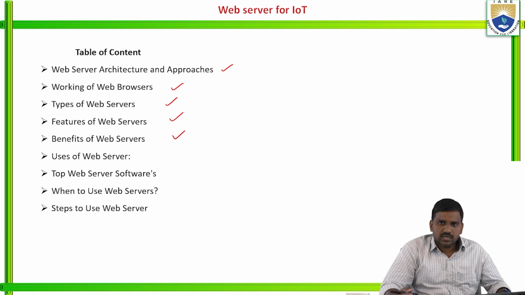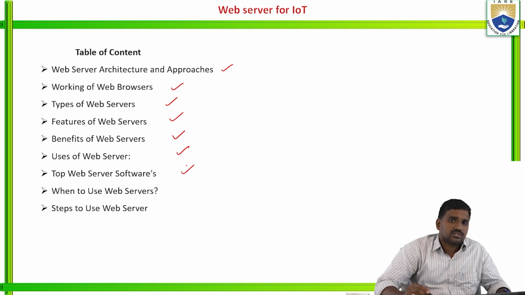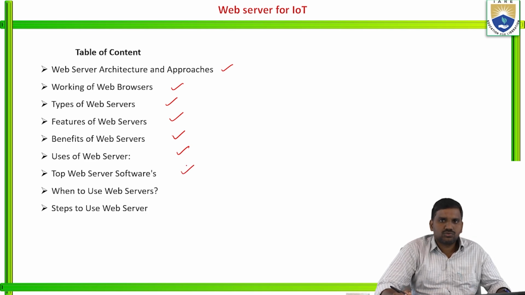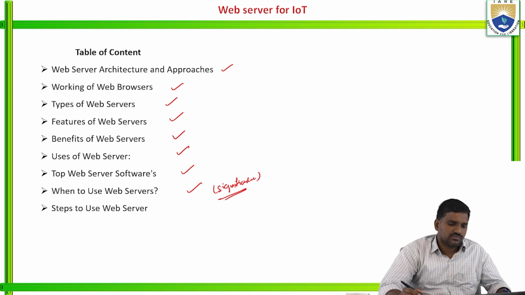By using a web server, we have some benefits that we are going to discuss, and uses of web server. Top web server software, which type of software we can use to install, and when to use a web server, that is the significance of web server, and steps to use web server. How many steps we have to follow to use a web server as per our requirement.